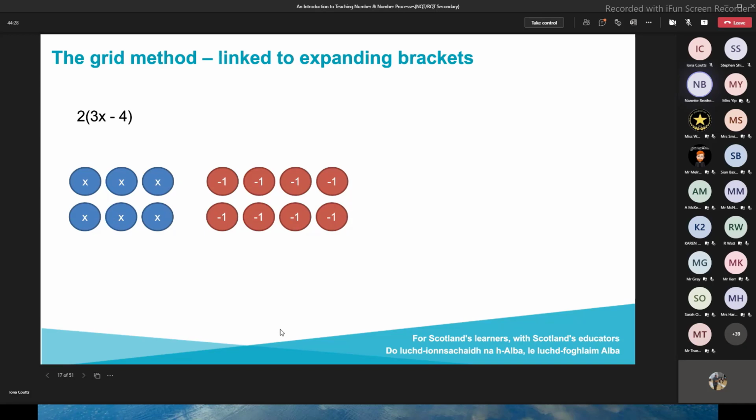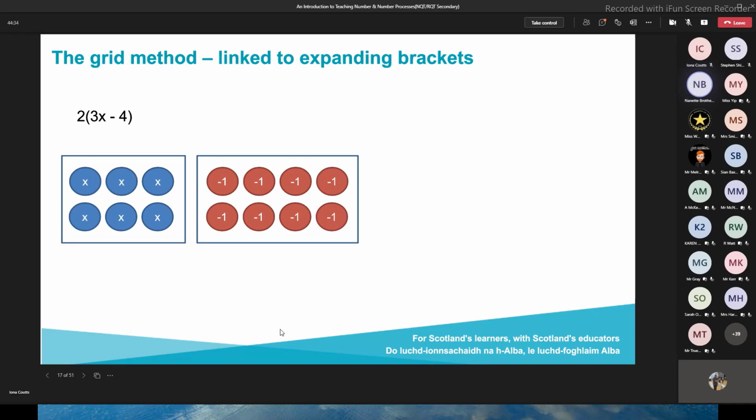So we can then see that altogether we've got 6x and 8 negative 1s. This can be represented in the grid model as 6x and our negative 8.